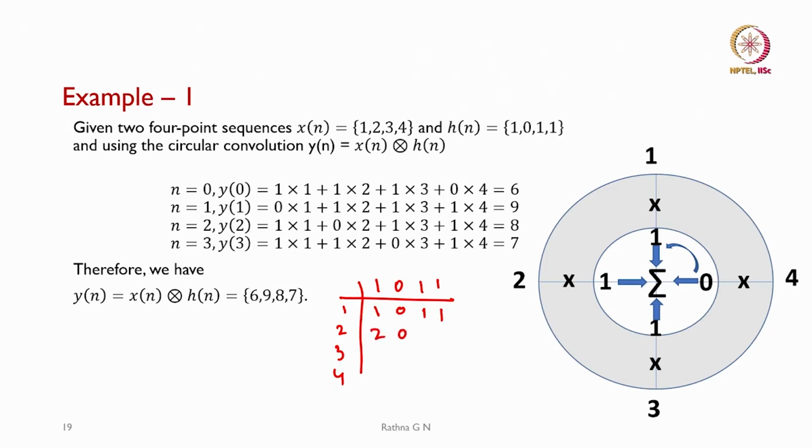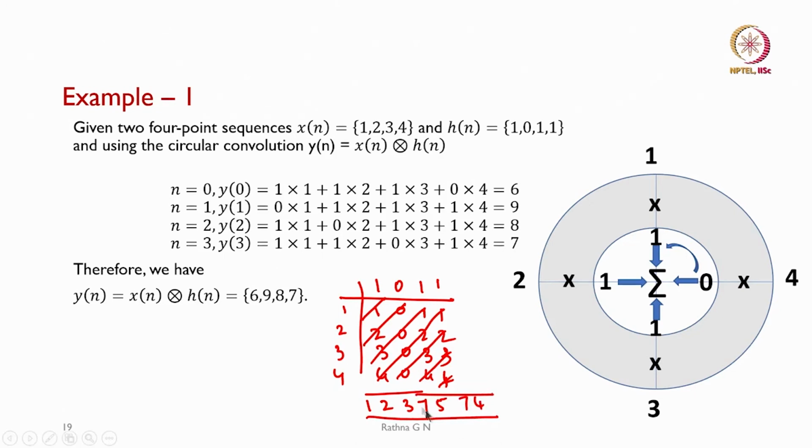This is 2, 0, 2, 2 and then 3, 0, 3, 3, 4, 0, 4, 4. This is the way we will be adding it up and the result is the linear convolution. You will be seeing that this is 1, 2, 3, 7 and then 5, 7 and then 4. This is the equivalent of linear convolution, whereas for circular convolution you can see that it is 6, 9, 8, 7.